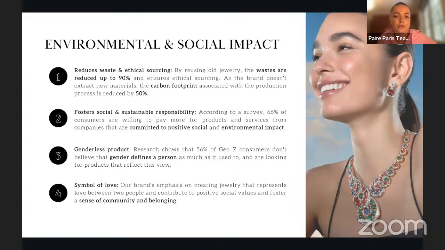We offer gender-neutral products because we know that the new generations define themselves in a plural way and not simply in a binary way. Finally, we symbolize love in all its forms. We wish to be timeless and to respond to all minds. People wearing Barbaric jewelry will be part of a caring and committed community.